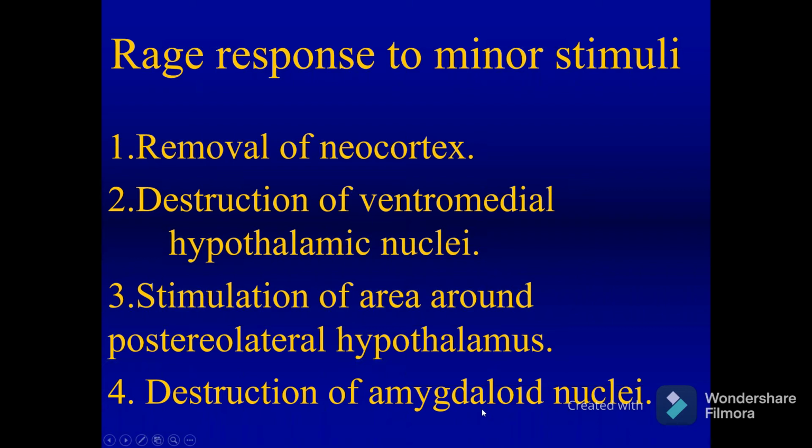Then a few words regarding the amygdaloid nucleus. Basically, the amygdaloid nucleus receives neural signals from all parts of the limbic cortex, as well as from the neocortex of the temporal, parietal, and occipital lobes, but especially from the auditory and visual association areas.